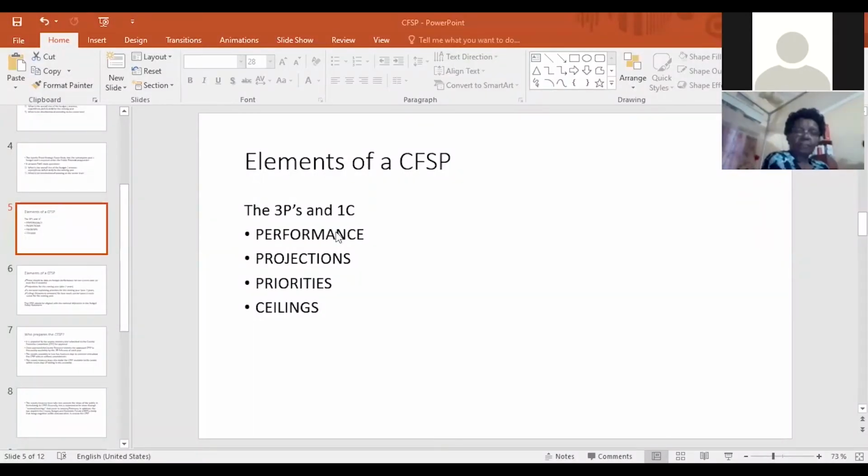we are going to look at this other thing, like share screen. Let me come here to share screen. So we have now looked at performance, isn't it? So the next thing we are going to look at now is projection, the second P, projection, okay?